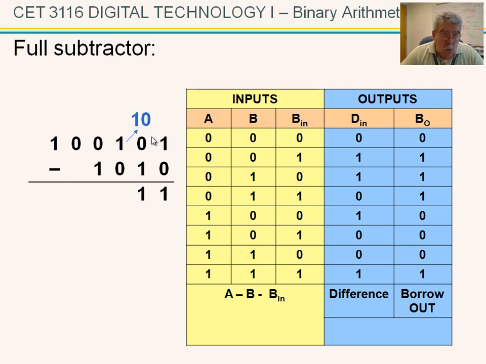This is a 2. Remember, I move 1 unit from one column to the right, and that converts into a whole radix absolute value that is transferred to that column, right? So now, because I get 10, that is 2, and from 2 I subtract 1, I get 1, right?